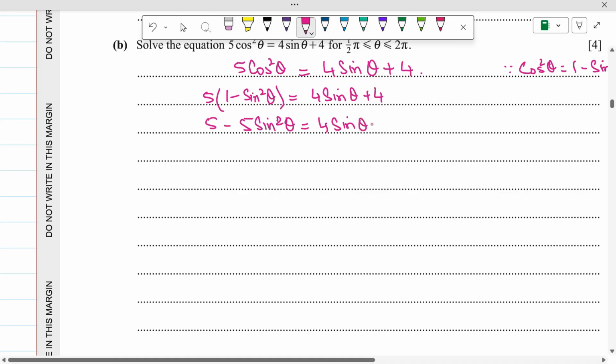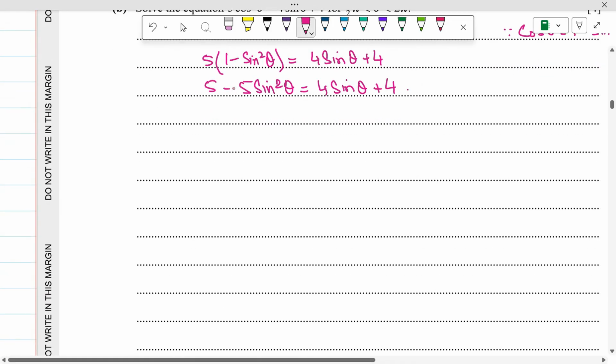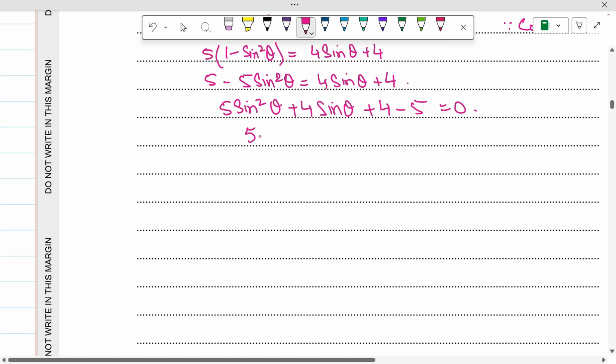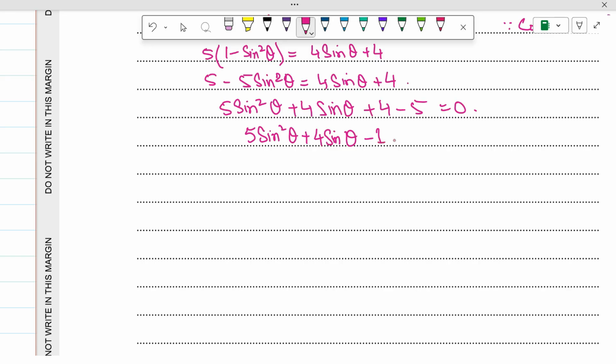Switching the right hand side terms to the left side, we will have 5 sine square theta plus 4 sine of theta plus 4, then minus 5 equal to 0. So we have achieved the quadratic equation, which is 5 sine square theta plus 4 sine of theta minus 1 equal to 0.